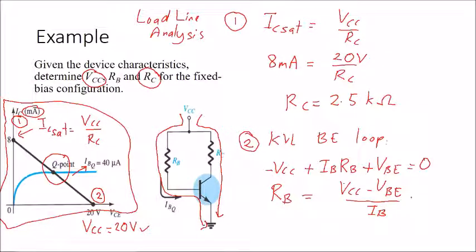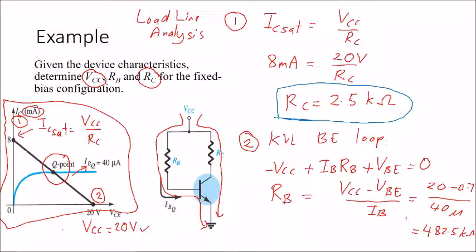So you just substitute the values: 20 minus 0.7 over 40 micro. Then you will find the value of RB is equal to 482.5 kilo ohms. This is the calculated value.